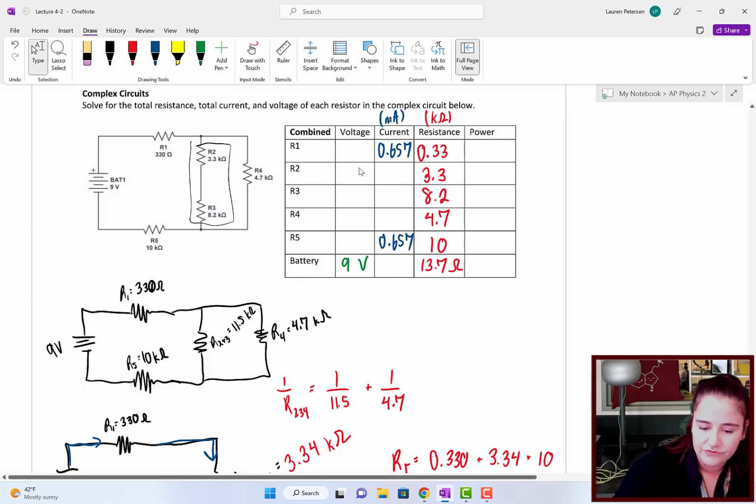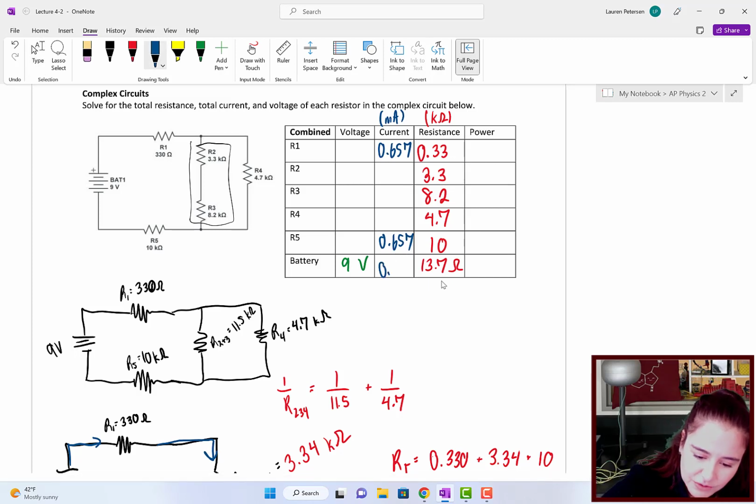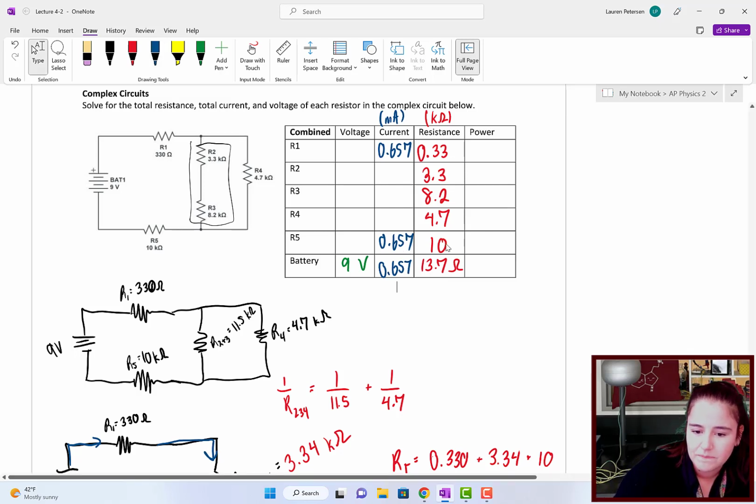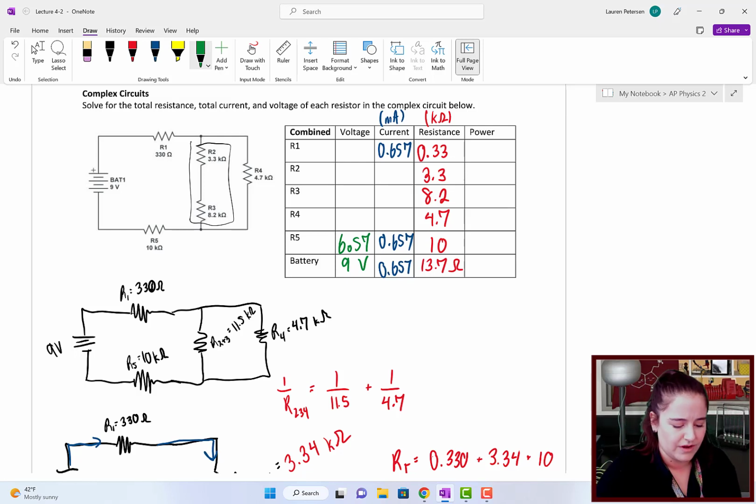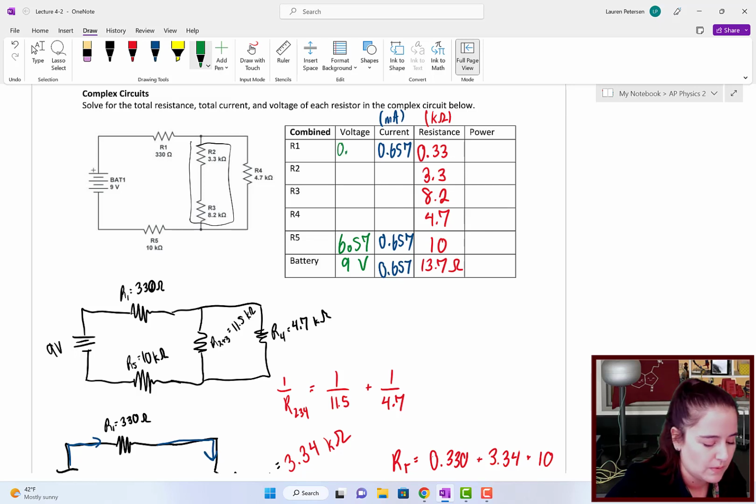Which, as you can hopefully see, allows us to calculate those voltage drops across the current and the resistance. Oh yeah, and that's the total current, 0.657. So we can calculate those. We have a milli times kilo, so that cancels out. So 0.657 times 10 gives us 6.57 volts there, and 0.657 times 0.33 gives us 0.2168.